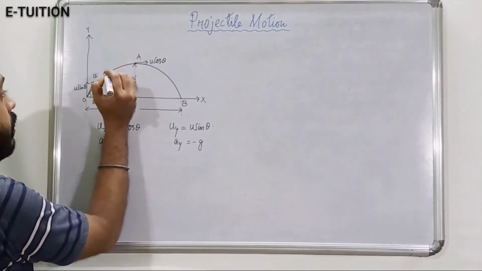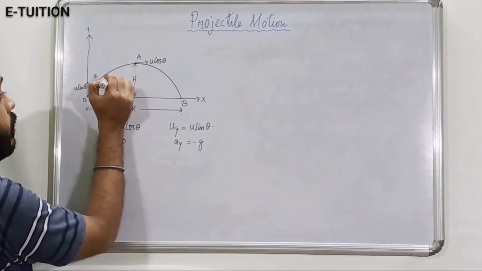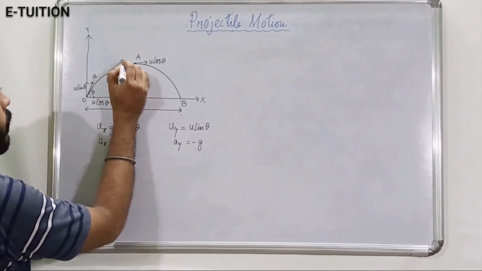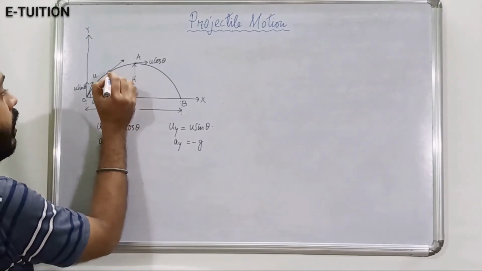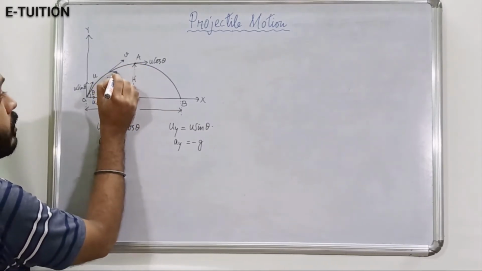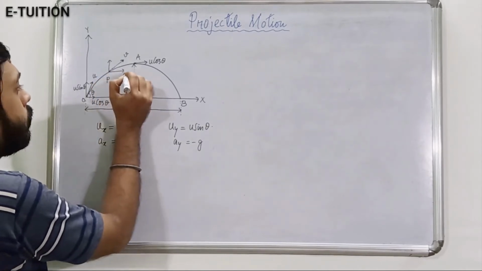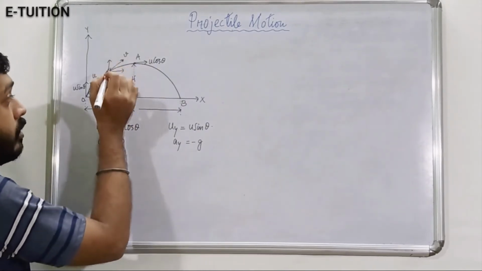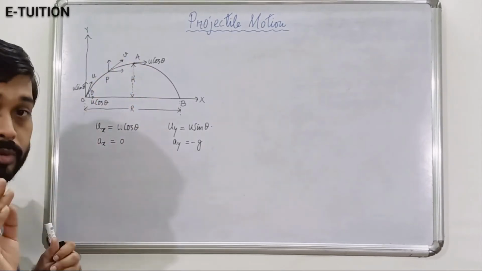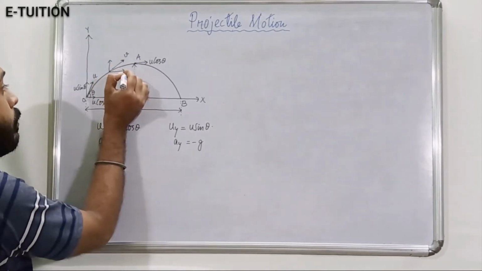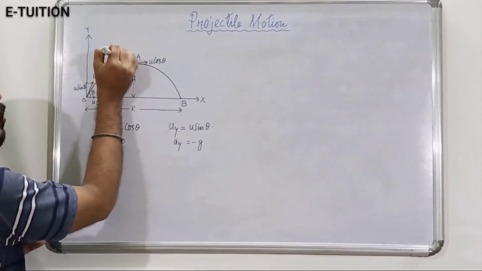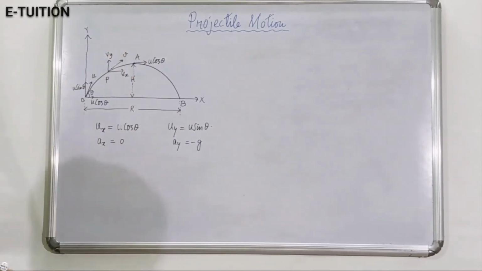At this point P the velocity is along the tangent, and so this velocity v can be resolved into two components, vx and vy. Vx is the horizontal component of velocity and vy is the vertical component of velocity.